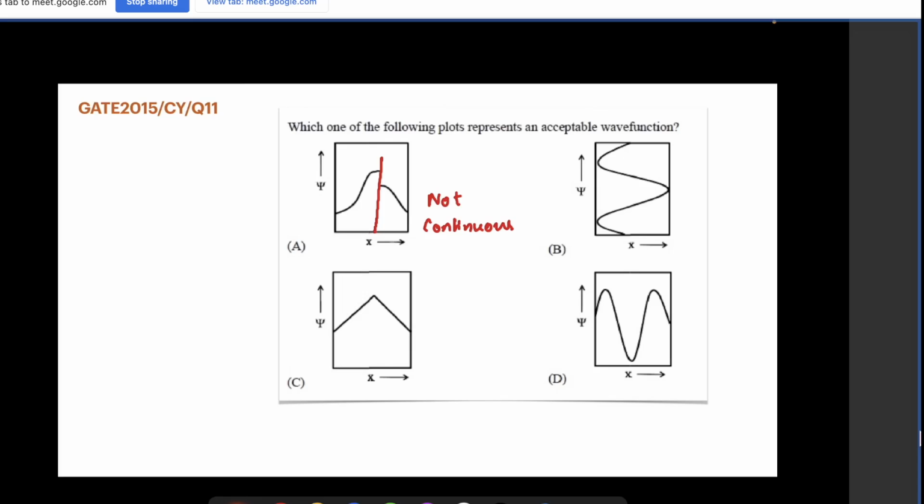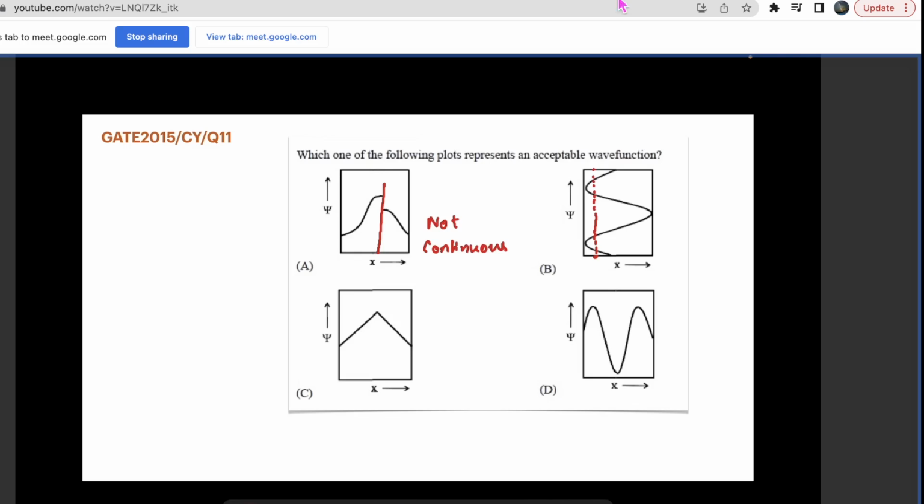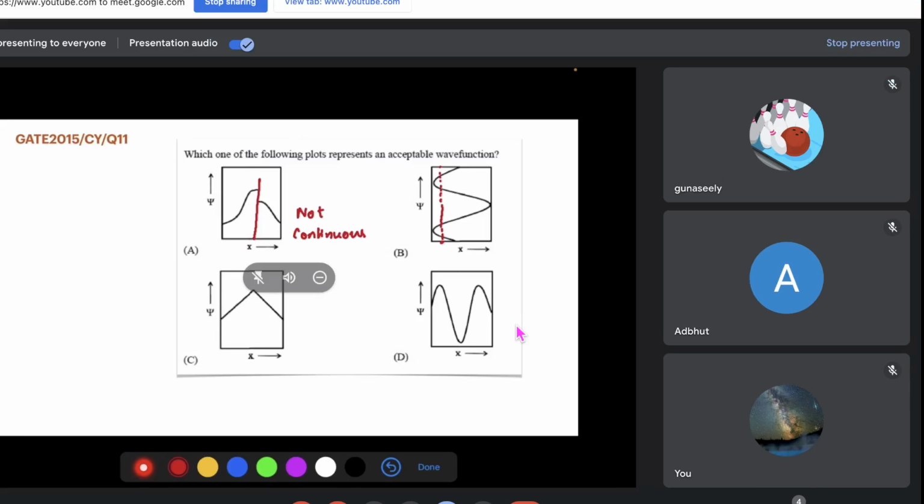At any value of x, for example here, you will see that we have different values of psi(x,t), which is not the condition that we want for an acceptable wave function.